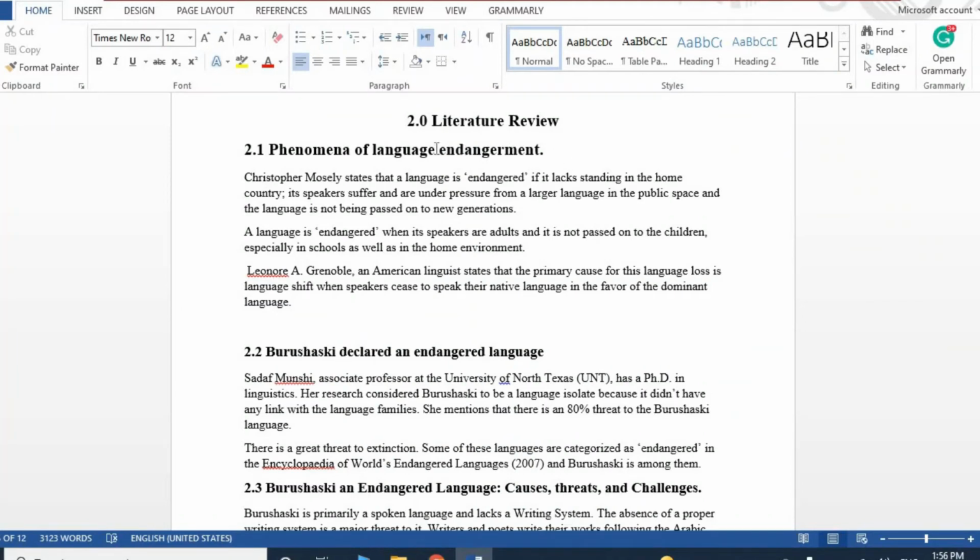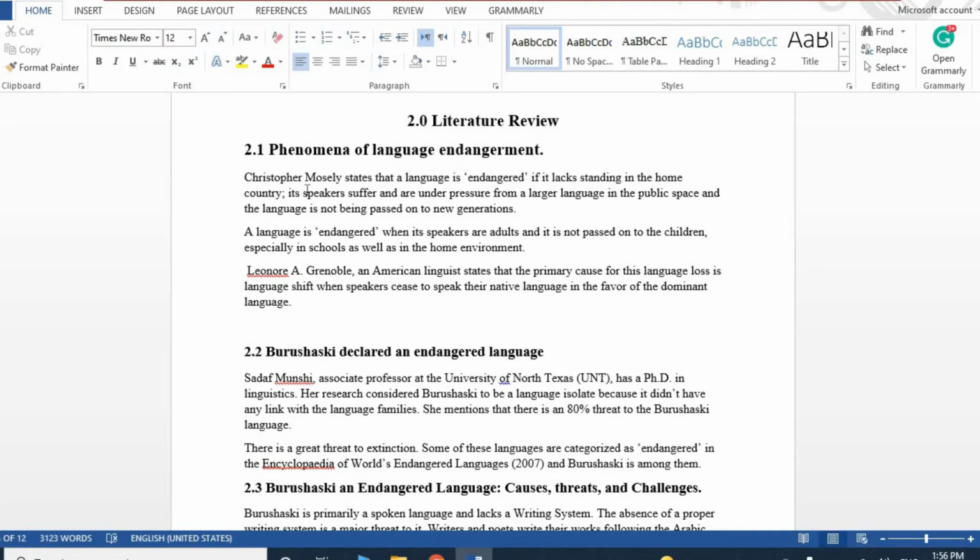So in the literature review, you have gone through other literature, what work has already been done, and what you are supposed to do, what your study will add to that already existing body of knowledge. In the literature review, I have just marked some headings, right, subheadings. The first one is that I've studied language endangerment, the phenomenon in linguistics when a language is in danger, right?